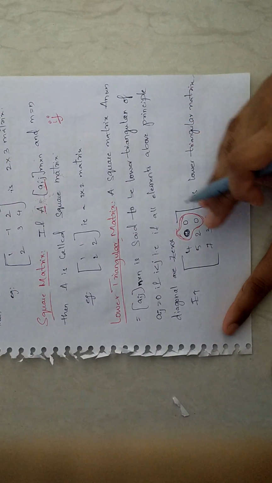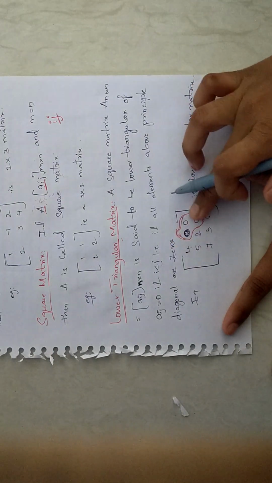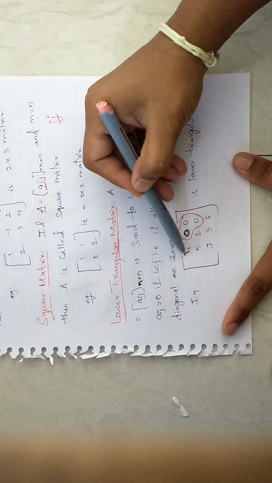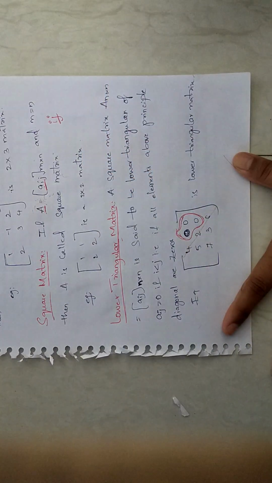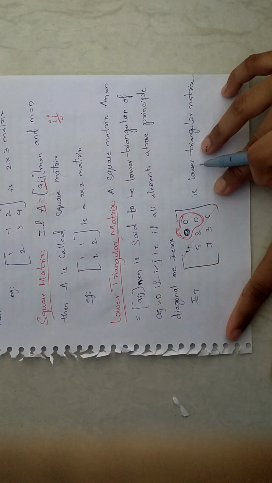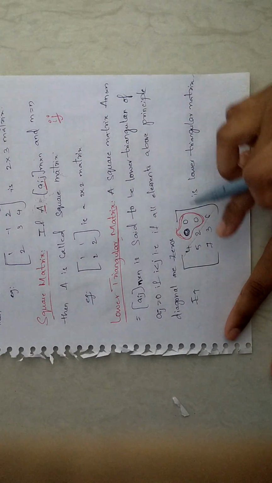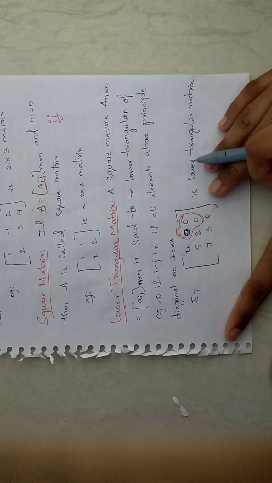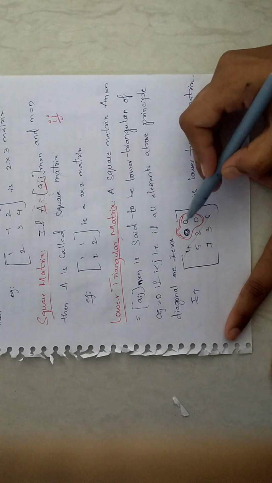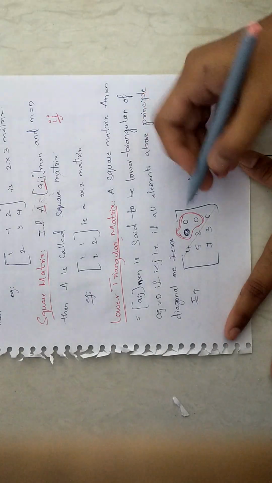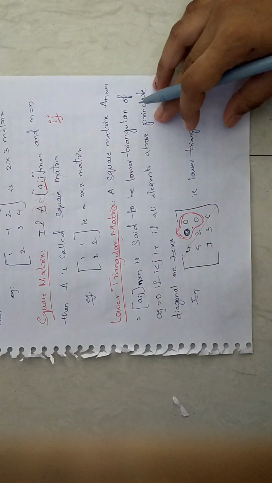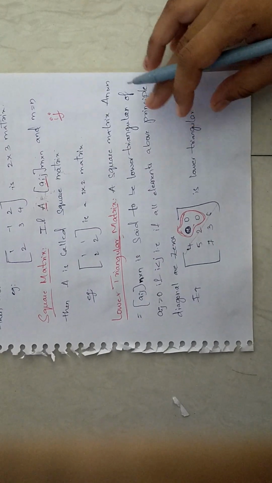For lower, upper elements will be 0. Upper of what? Upper of diagonal elements. Diagonal means these elements. And how do you represent it? In matrix form. There will be no separate notation for this. If you get it in the exam, you just write this matrix and circle it this way, or if you don't do that also, it's fine.